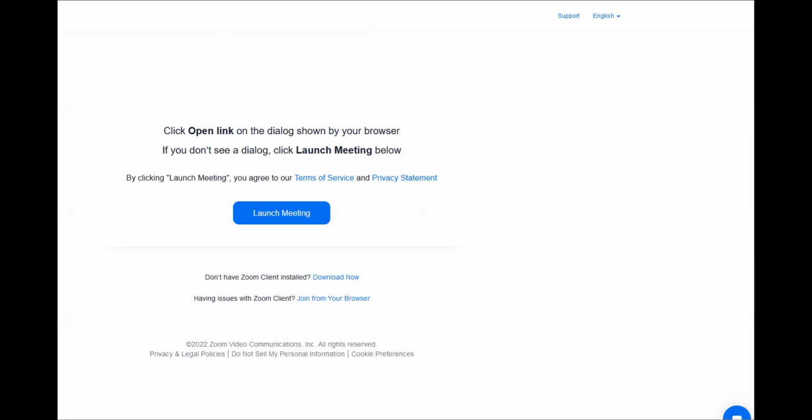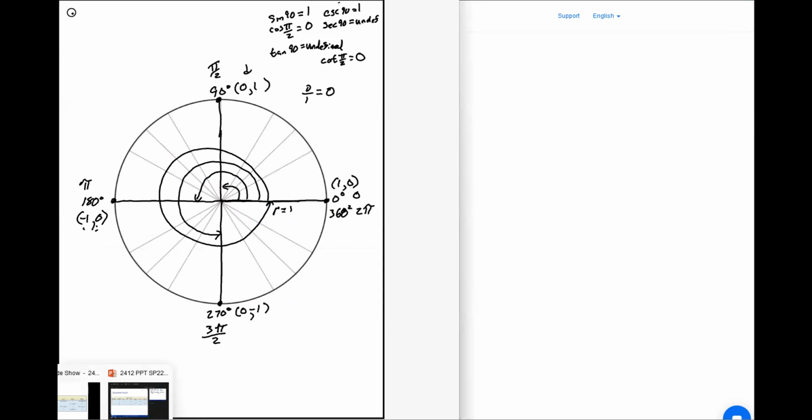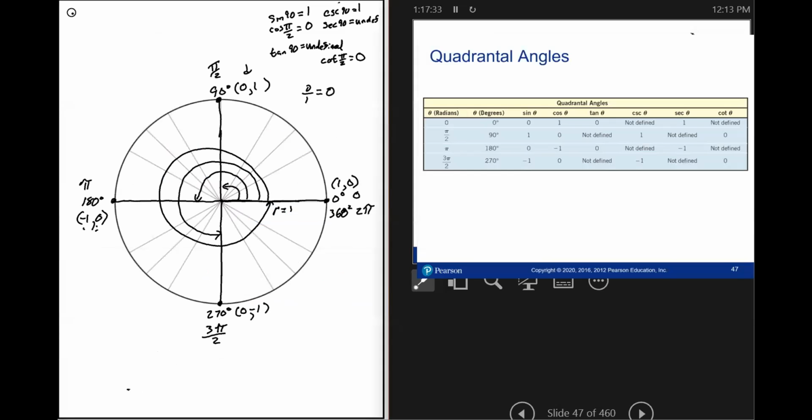I can't see it because it's behind something that's showing up because of Zoom. Anyway, I'm not going to worry about it right now.